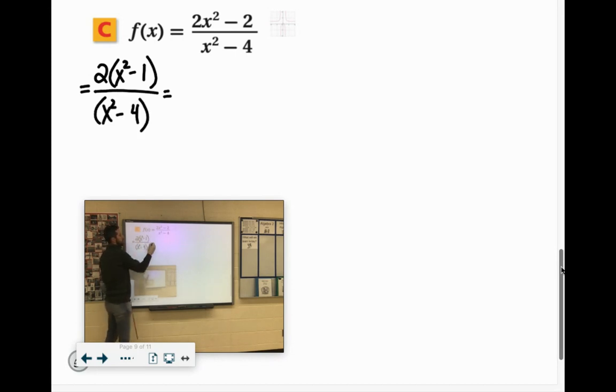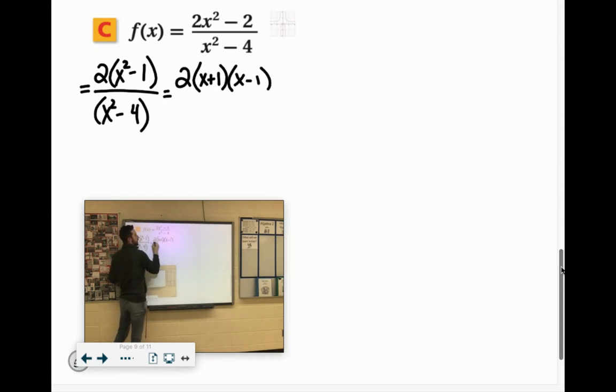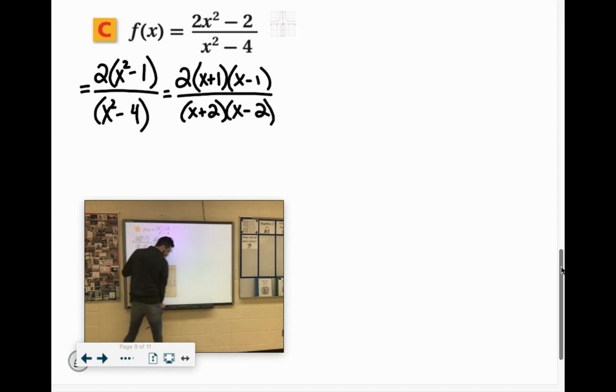And then these are both difference of squares, right? You can square root each one of them. So it would finally factor to 2 times x plus 1 times x minus 1. The denominator, x squared minus 4, factors to x plus 2 and x minus 2.